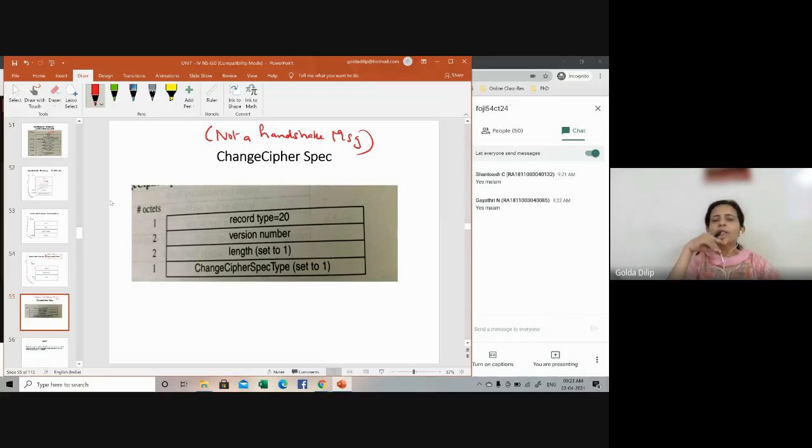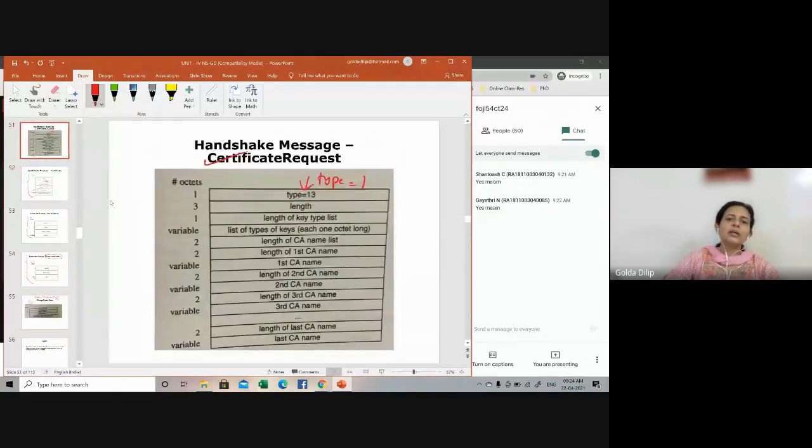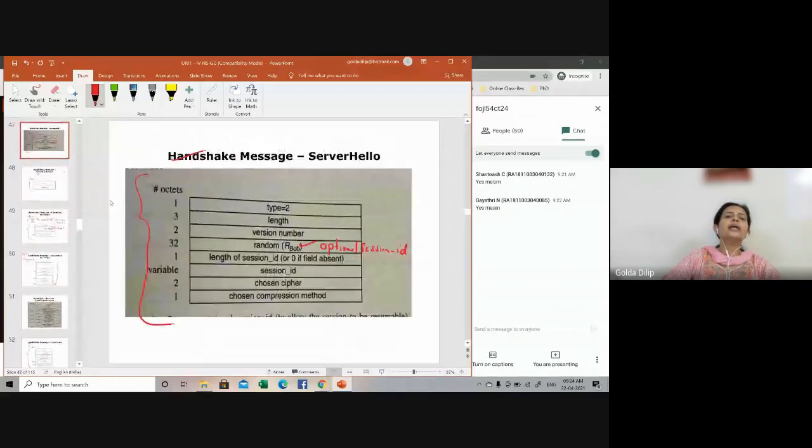Okay, so what does this change cipher specification protocol indicate? What does this indicate? That's how we started today's class, no? Can somebody tell what does this indicate? We started today's class. I started with this slide.